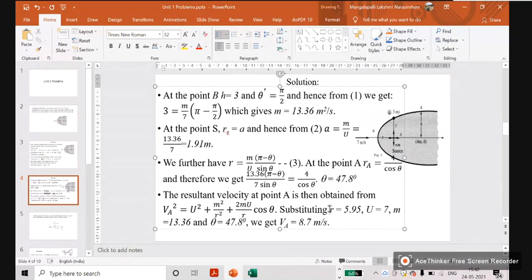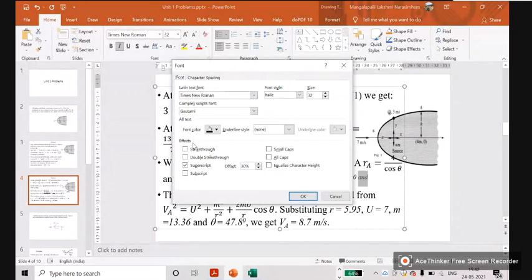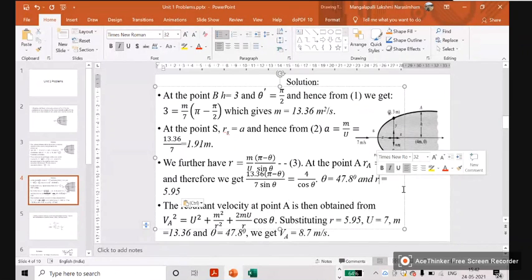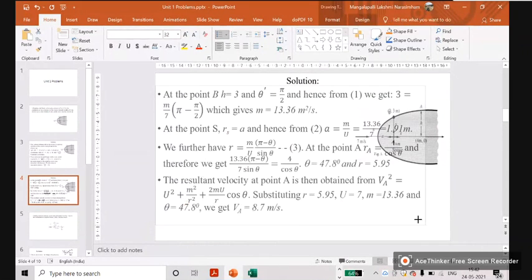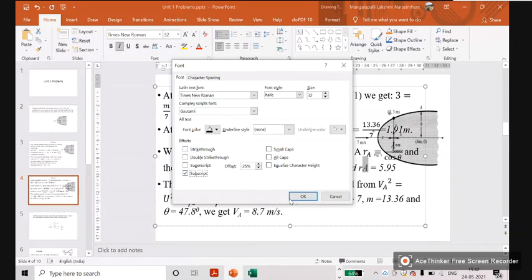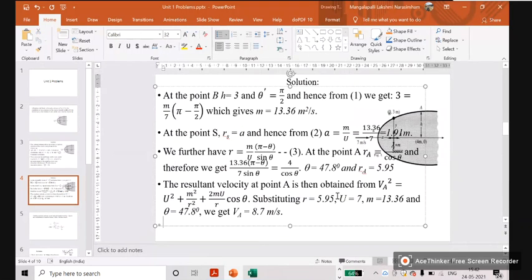So I will get the value of RA as 5.95 meters.